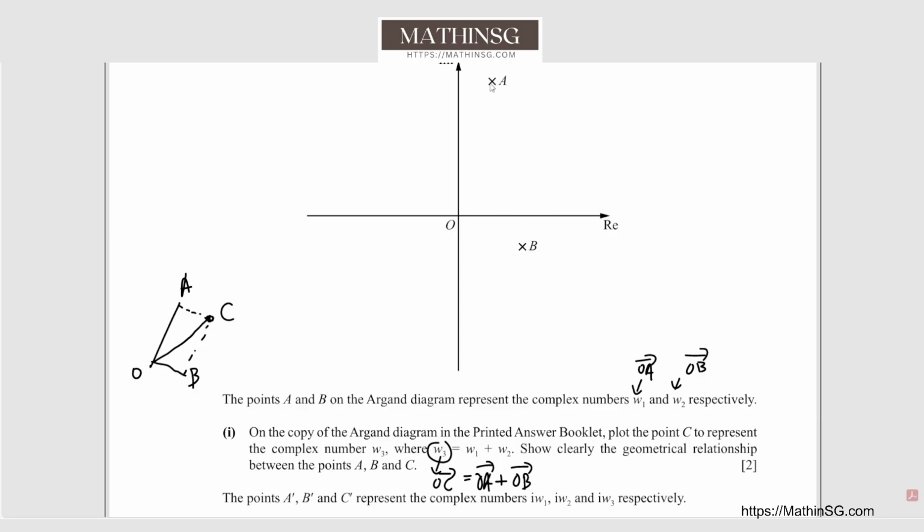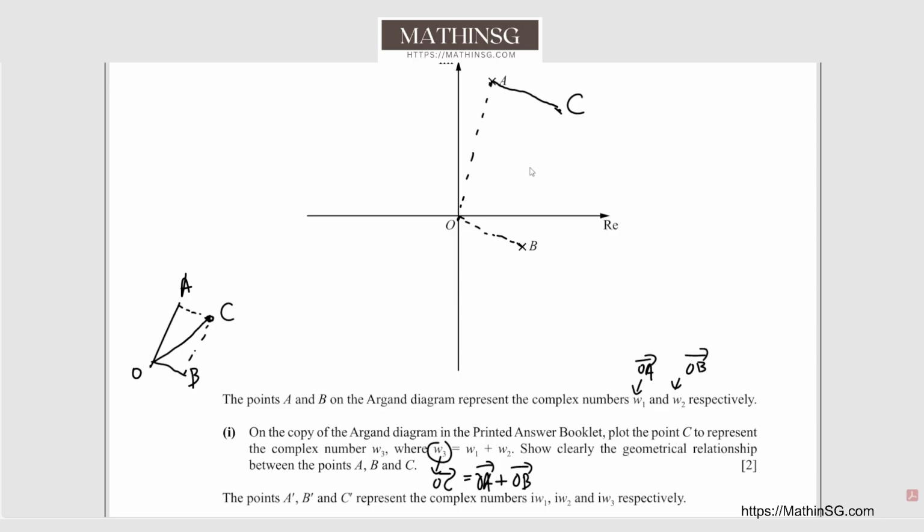So you need your ruler. Let me draw this. Once you have used dotted lines to join this, next you need to draw a line parallel to OB. AC is parallel to OB and they are of the same length.